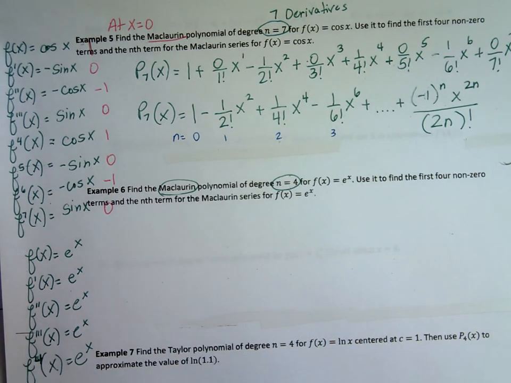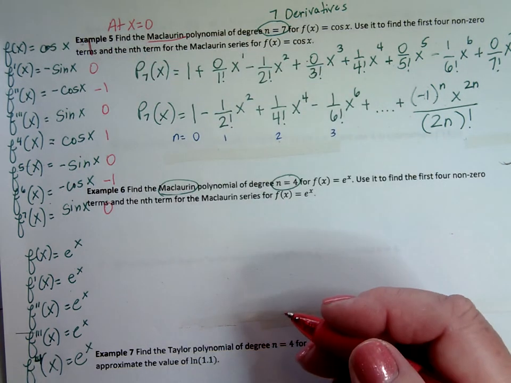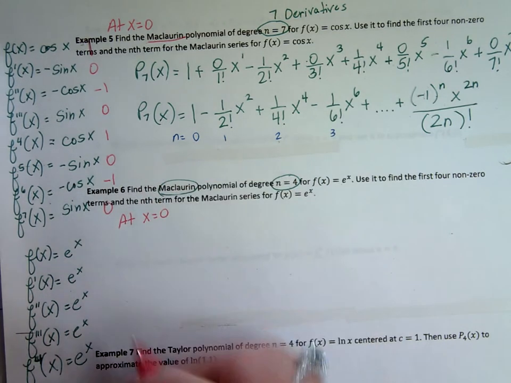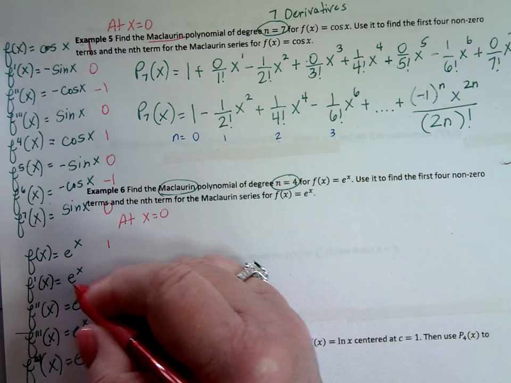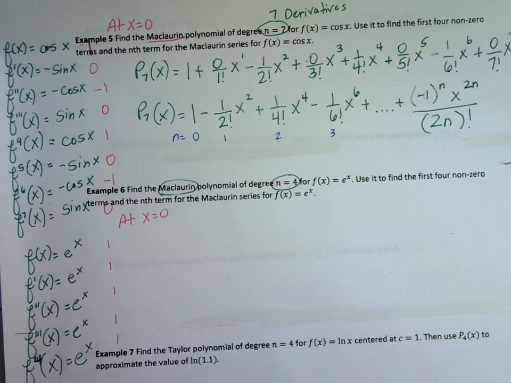Okay, second thing is evaluate it at 0, x equals 0. So at x equals 0, e to the 0 is 1, e to the 0 is 1, e to the 0 is 1. All right, let's generate the polynomial.